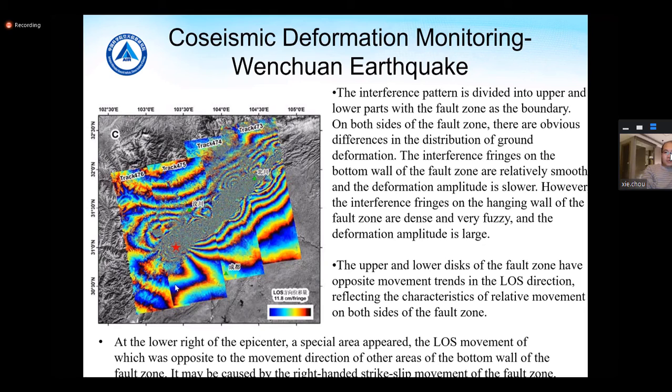On both sides of the fault zone, there are two obvious differences in ground deformation. The interferometric fringes on the footwall of the fault zone are relatively smooth and the deformation amplitude is small. However, the interferometric fringes on the hanging wall of the fault zone are dense and very fuzzy, and the deformation amplitude is large.